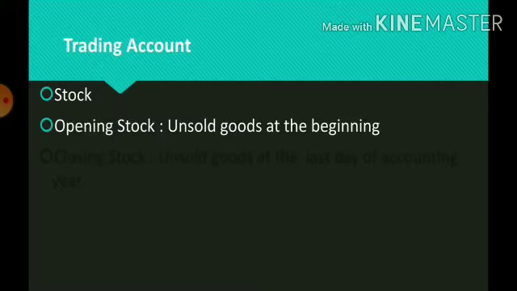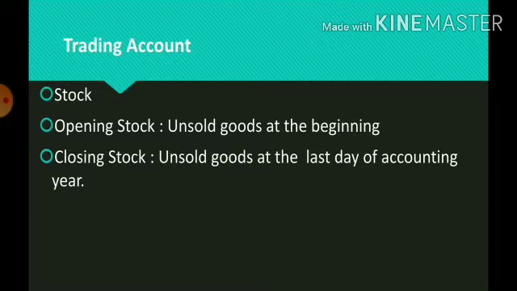Again, what is stock? There are two types of stock: opening stock and closing stock. Opening stock means unsold goods remaining at the beginning of the year in our godown or in factory. Then closing stock, that is unsold goods at the last day of accounting year. Suppose our accounting year starts from 1st April 2020.